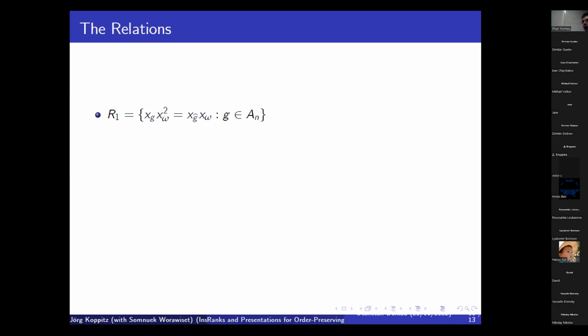Okay, now we go over to our set of relations. We consider two sets of relations, namely the following. We have any element g in An, and this multiplied with the square of omega gives g hat multiplied with omega.